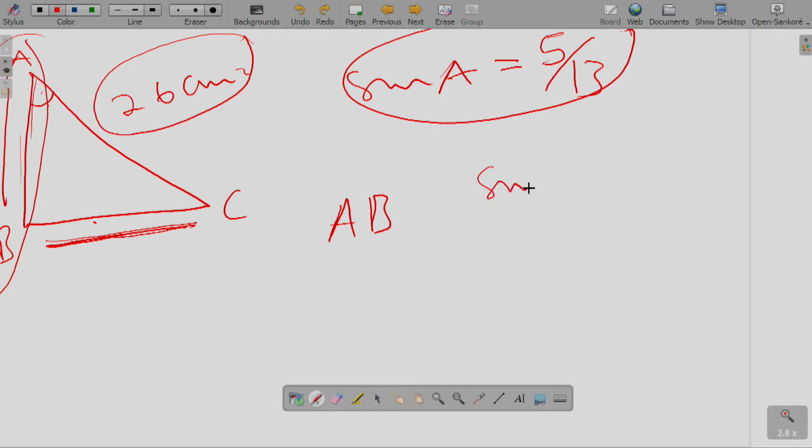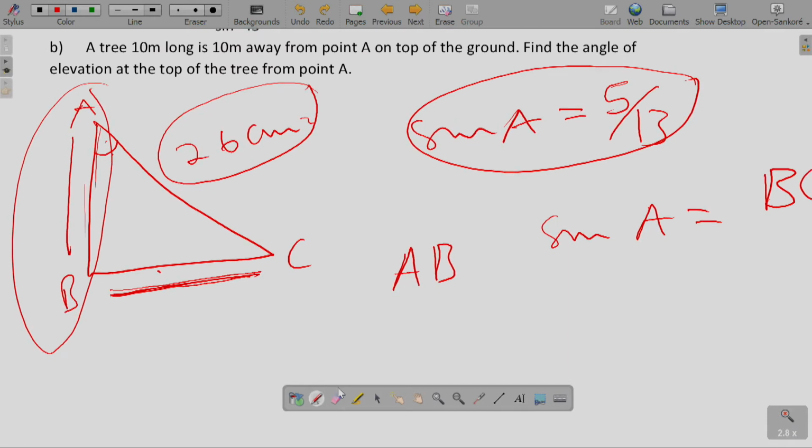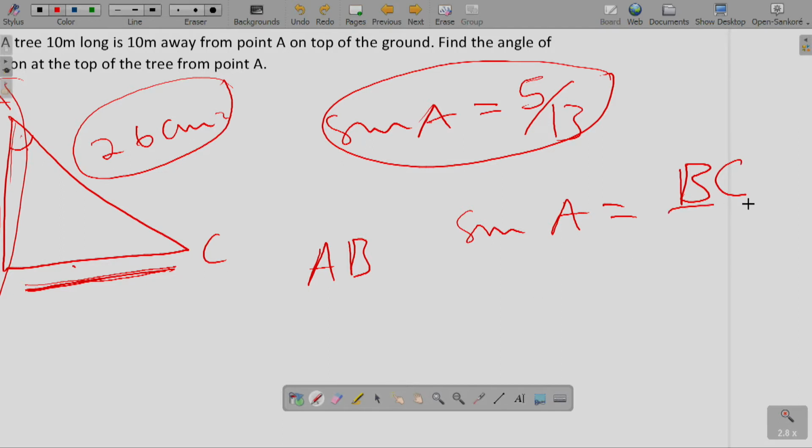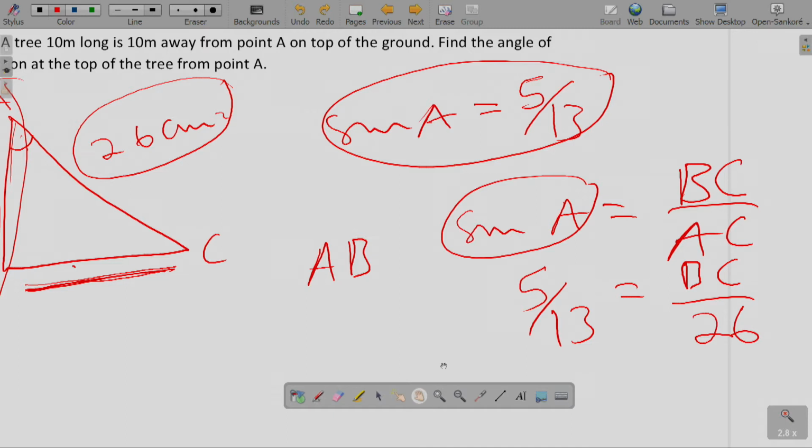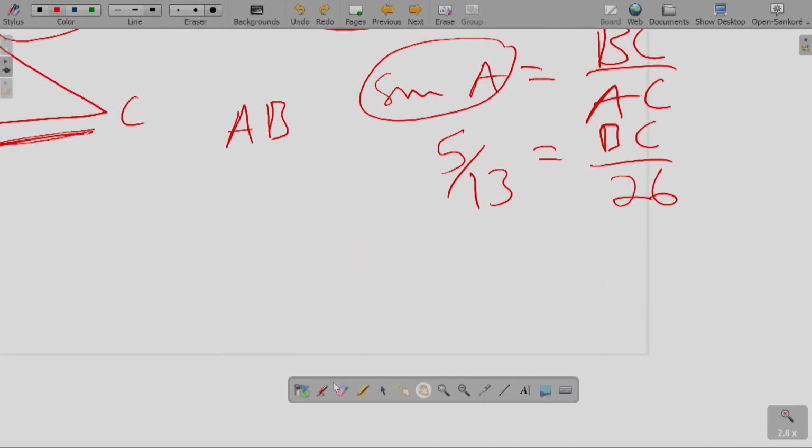So we have sine A is equal to BC over AC. But sine A is equal to 5 over 13 and AC is equal to 26.